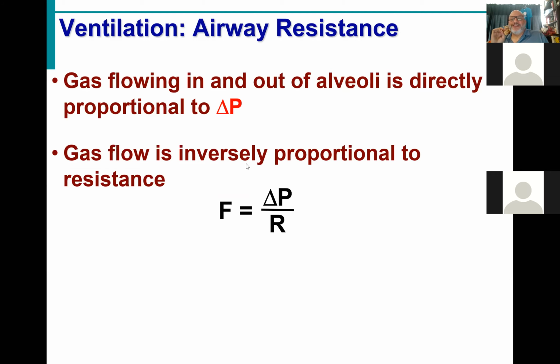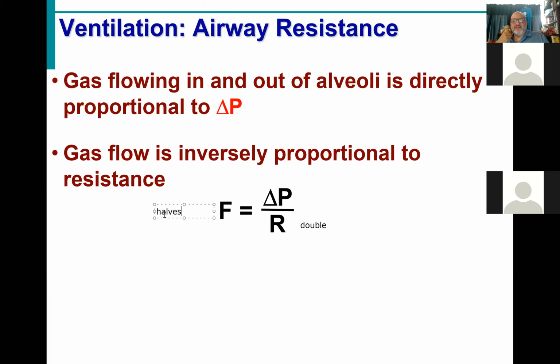Flow is also inversely proportional to the resistance. Right? Resistance is the inverse of flow. We'll talk about how we can affect resistance in a second, but let's just figure this out. If I doubled the resistance, what happens to the rate of flow? Halves. Excellent.